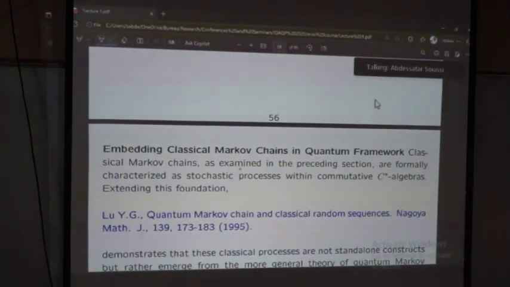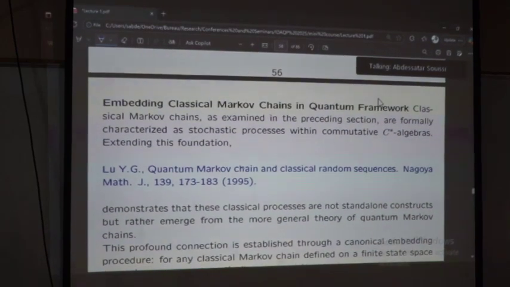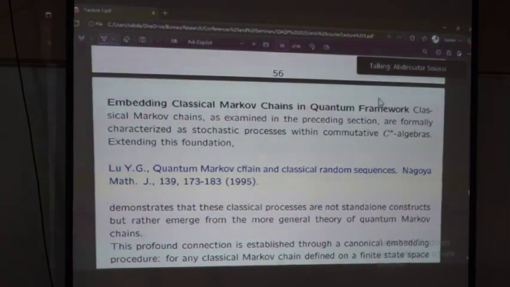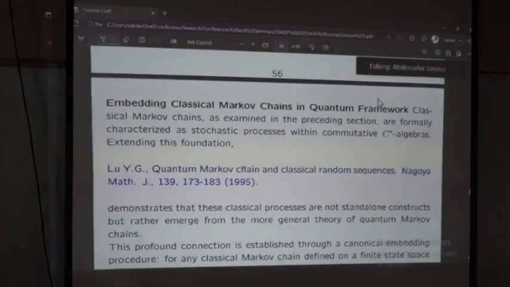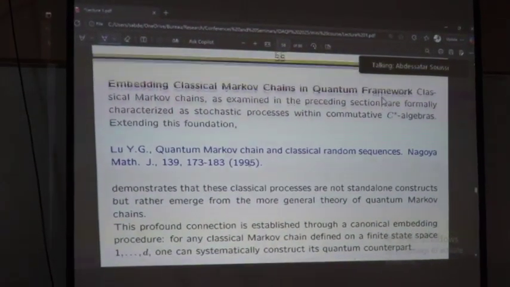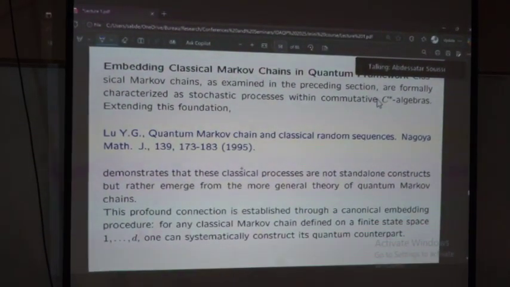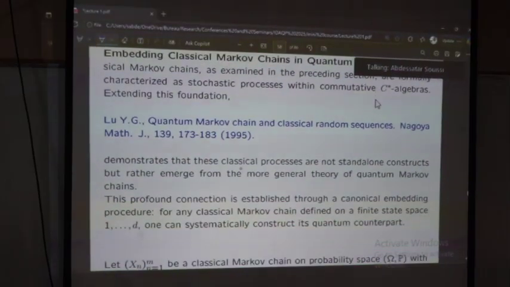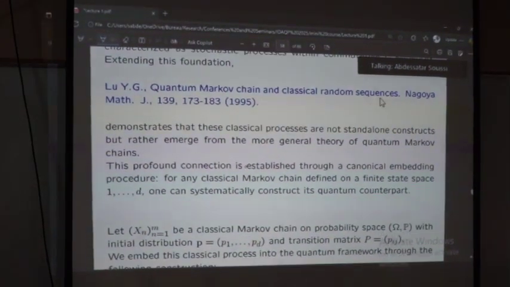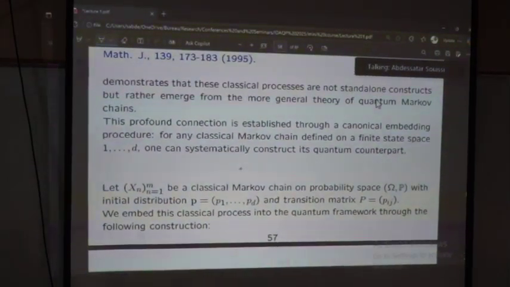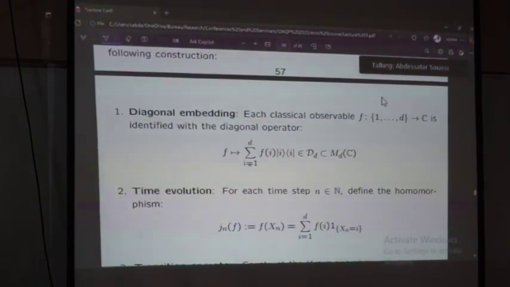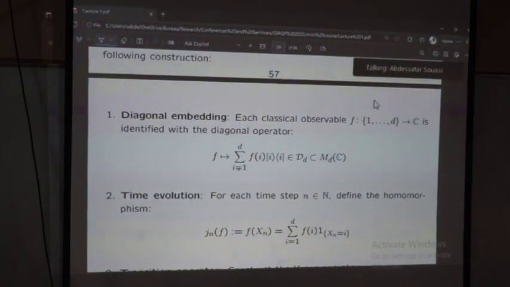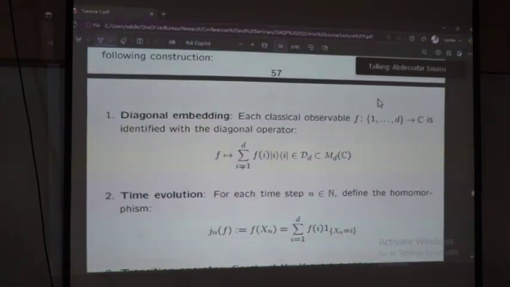Now we arrive at an important embedding of classical Markov chains into the quantum framework, and this is what has been done by Professor Accardi, showing in a very clear way how a classical Markov chain can be embedded into the quantum framework using this map, as I said before.